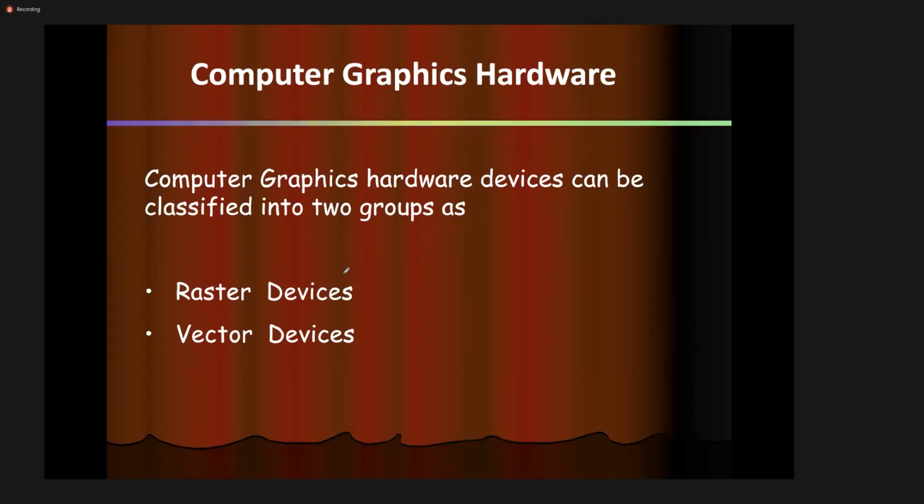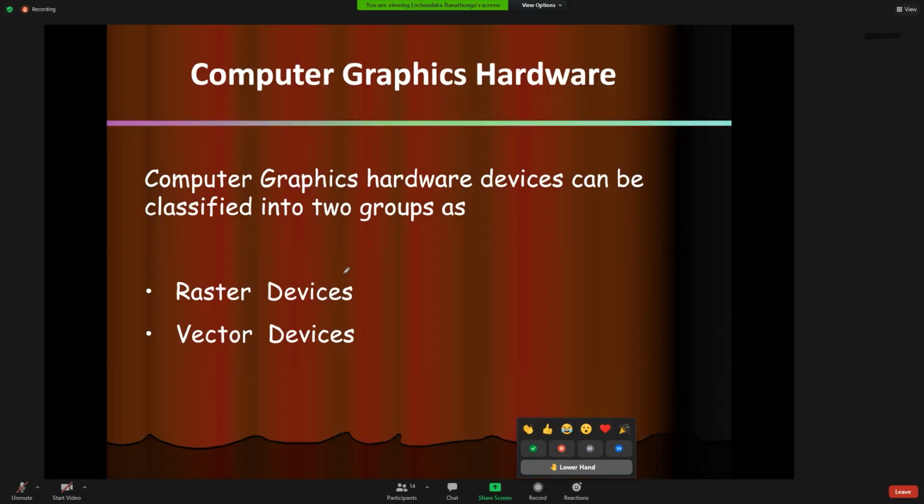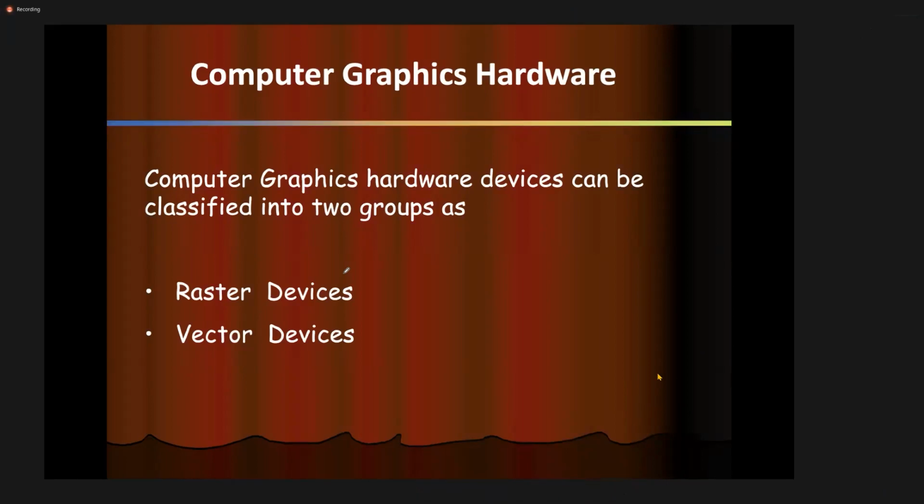The vector devices are not having any display screen. You have not voted for her. Do you have any other argument? Some people have given some kind of argument and some people have voted for that argument. My question is, what is your argument?